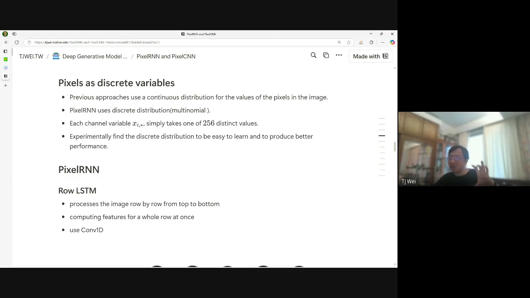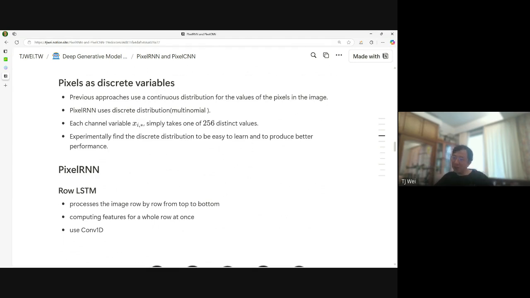So for the intensity of each pixel, from 0 to 255, if the correct value is like 200, and your prediction is 199 or 201, that would be pretty good, because our naked eye cannot tell the difference between these little differences of intensity.